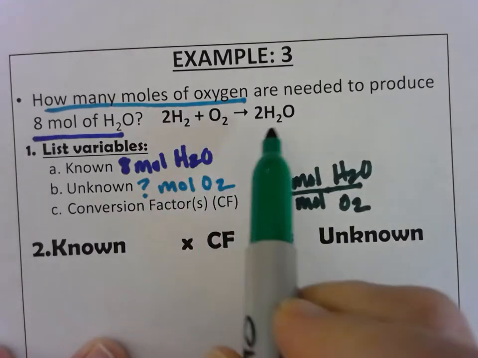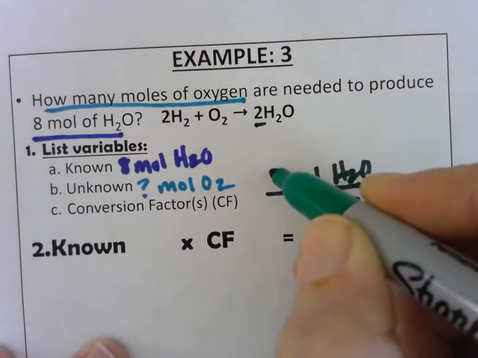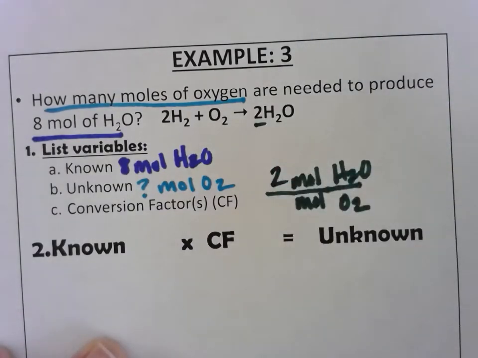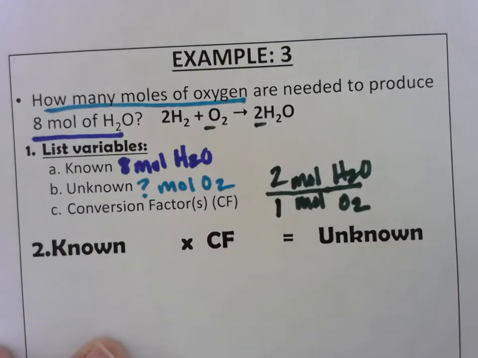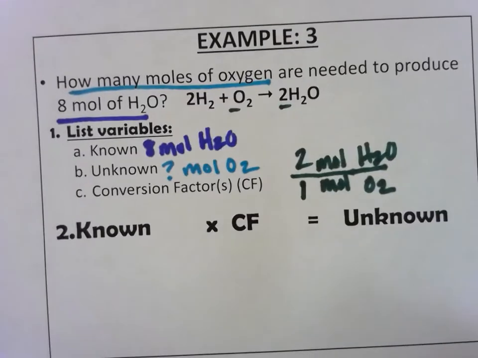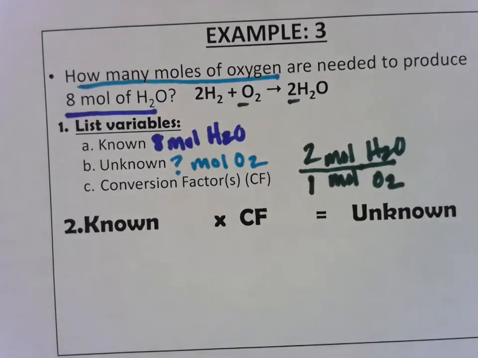There's 2 in front of water, and there's nothing in front of oxygen, but it's not nothing. It's understood to be 1. So 1 it is. I've just created my conversion factor to get from moles of A to moles of B, or moles of water to moles of oxygen.